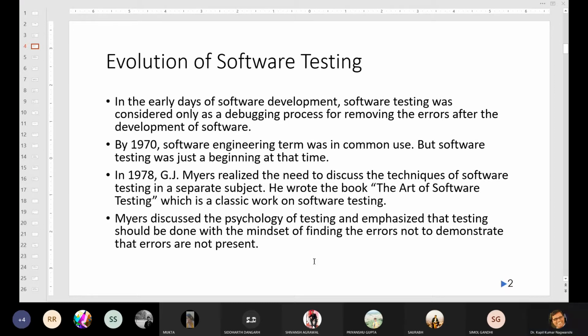So there are a variety of objectives of software testing. Previously we discussed the objective of this particular unit, but there are more objectives, so let me elaborate one by one. Let us try to write here only.